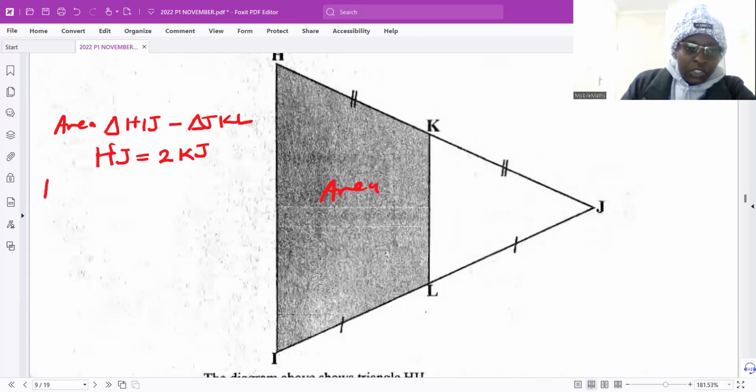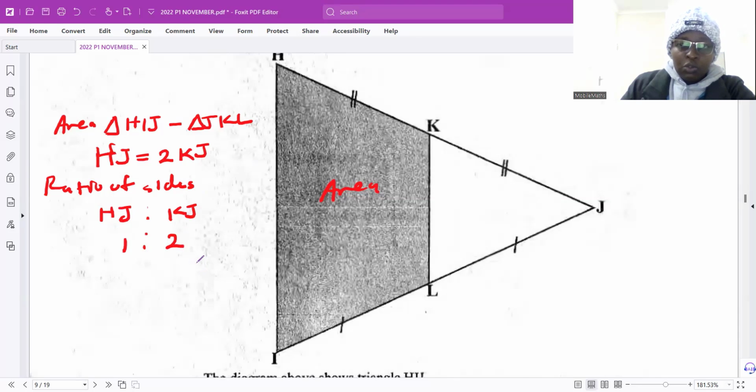So it means ratio of sides, my HJ is to KJ is 1:2, okay?